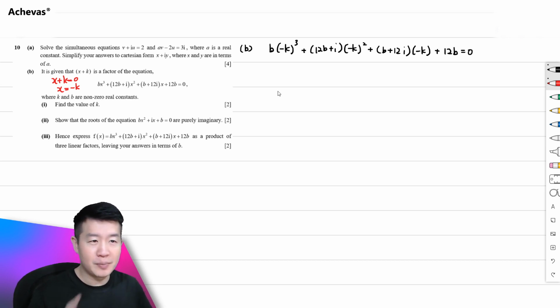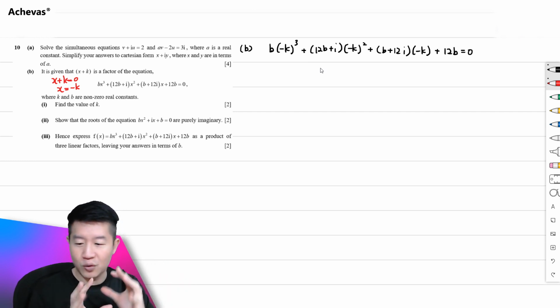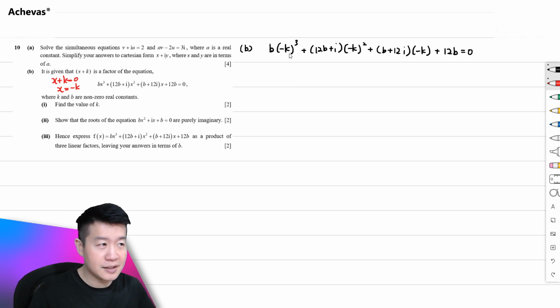And for the person who was asking me about when can we do the comparison, I'm going to do a little bit of comparison, equating the real to real, imaginary to imaginary. So for this equation here, I'm going to first try to do this rearrangement, grouping all the non-i's together and grouping all the i's together. Let's do that grouping first.